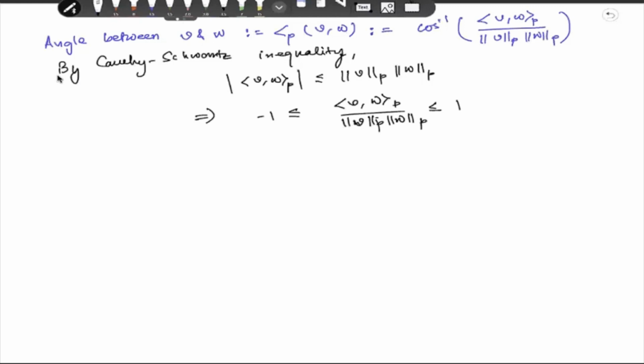So therefore, cos inverse of this thing makes sense. Therefore, I have defined the angle between two vectors.